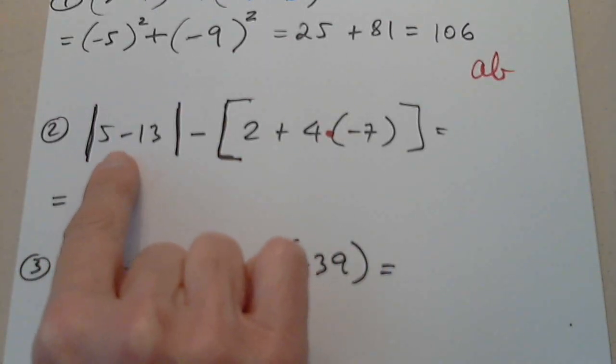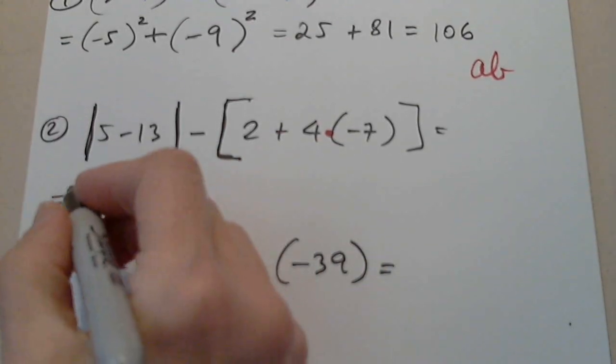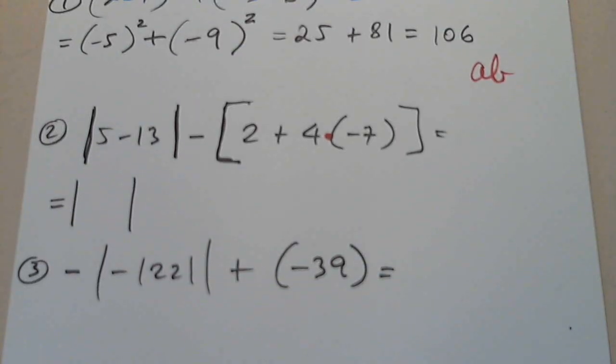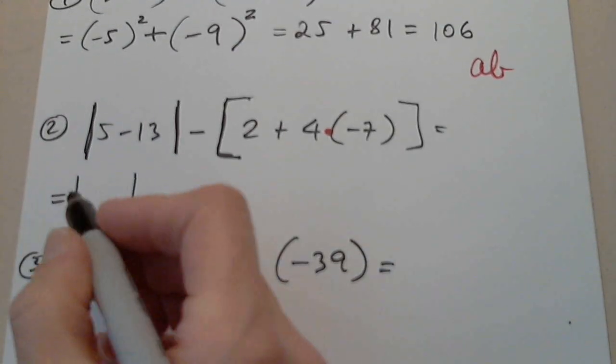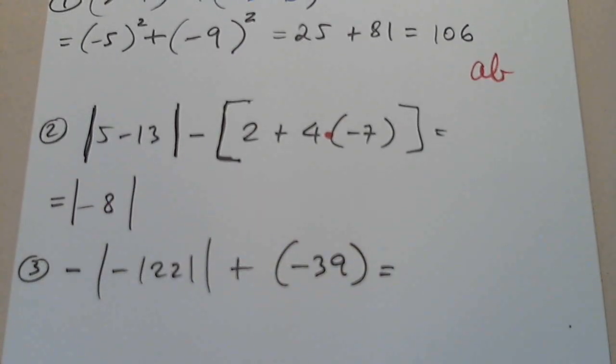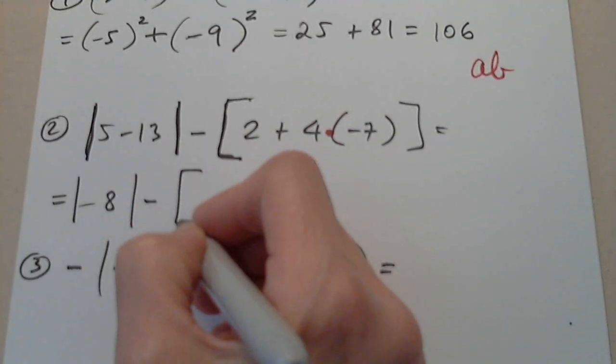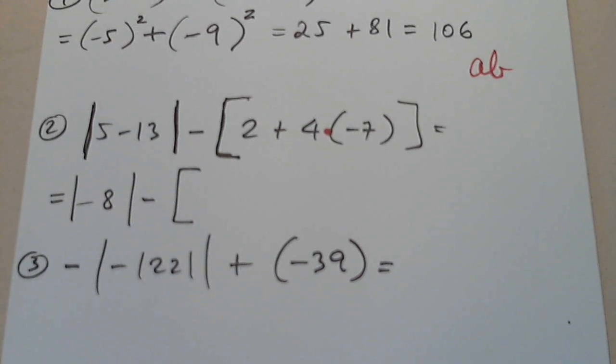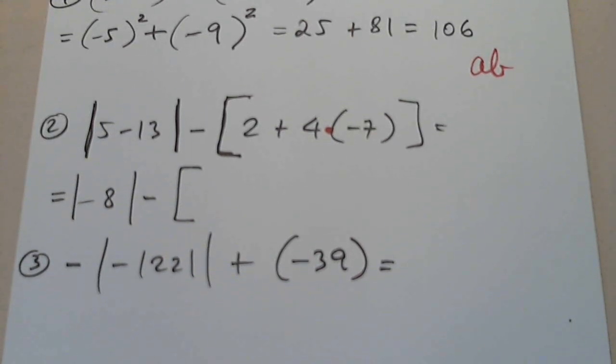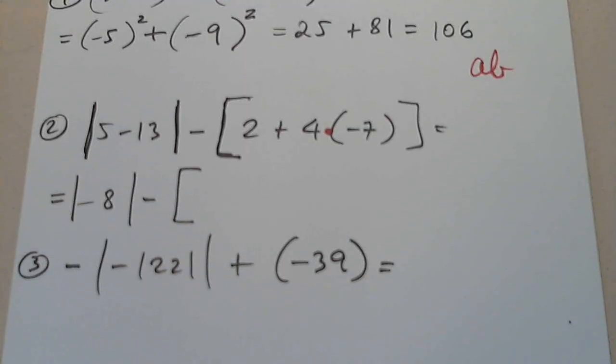Can anyone tell us what is left in the absolute value? Negative 8 plus 8. Yes, we have to write -8 first. Good. Then I copy the negative and I copy the bracket. Now, I want to draw your attention to something very important here. This is not a grouping symbol.